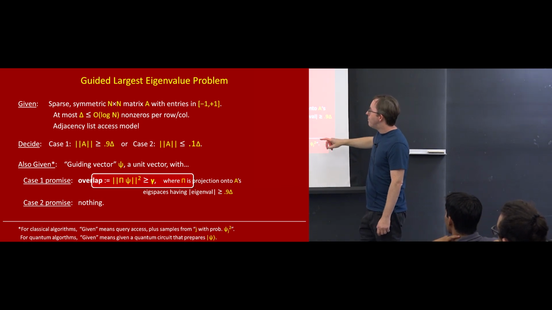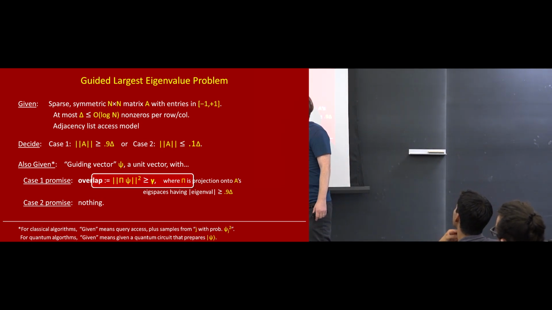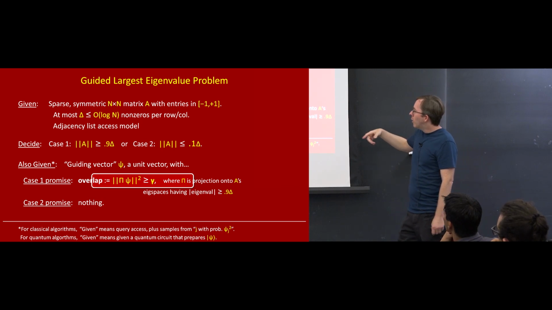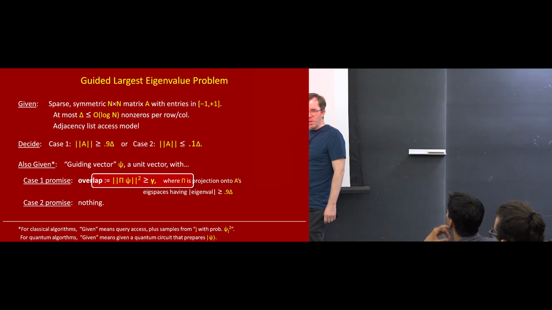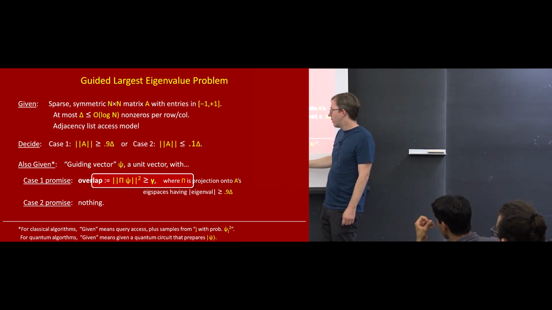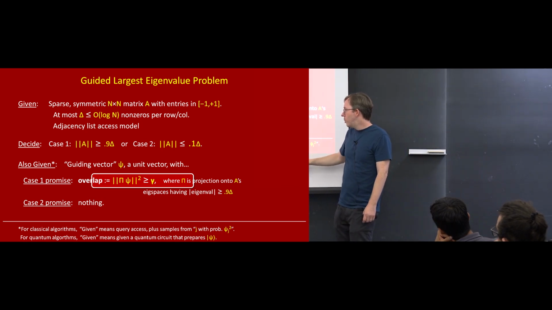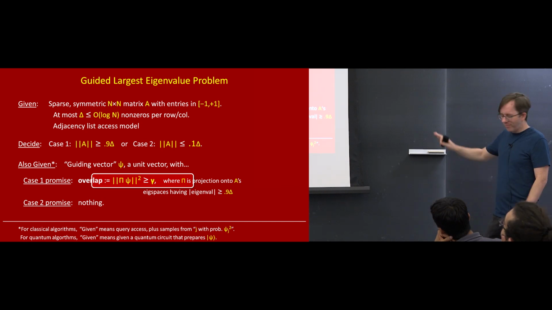So back to this guided version, where you're getting maybe a clue about the largest eigenspace, should it exist. If you're going to try a sublinear time algorithm, you don't have time to even read this whole guiding vector, so you have to assume you have some kind of special access to it. That is what I mean in the two cases. And for the quantum algorithms, you need a quantum circuit that prepares this vector. But don't worry about this very much.